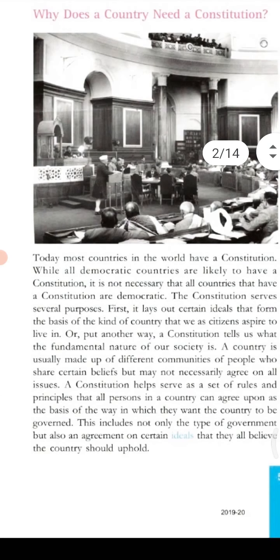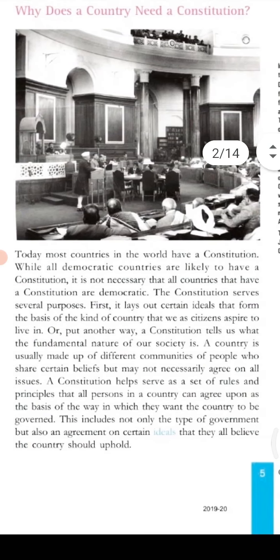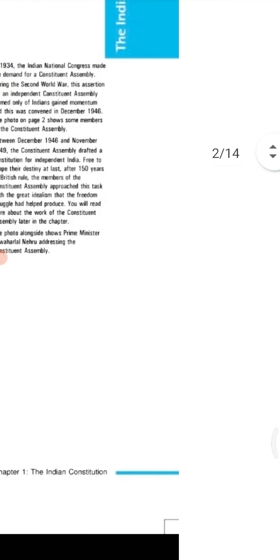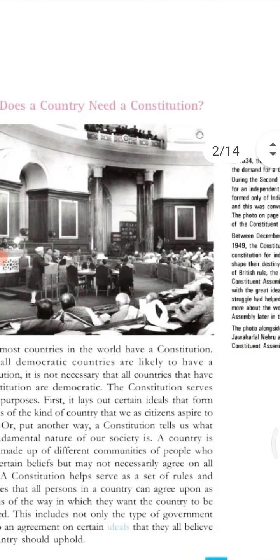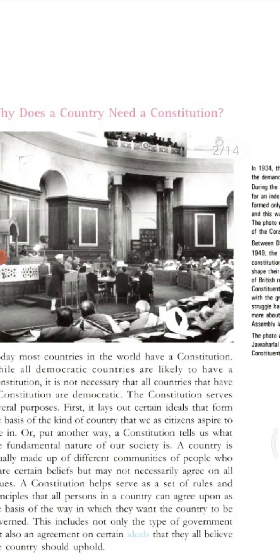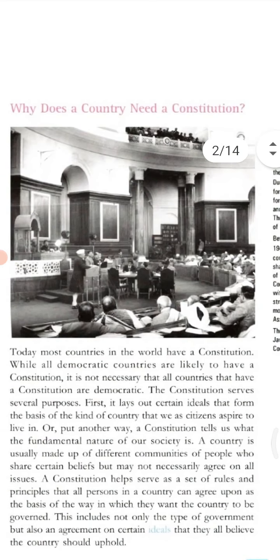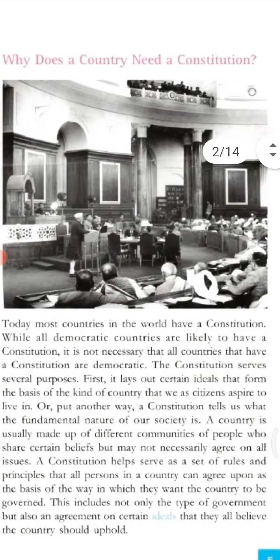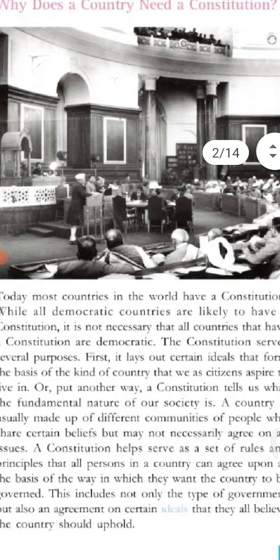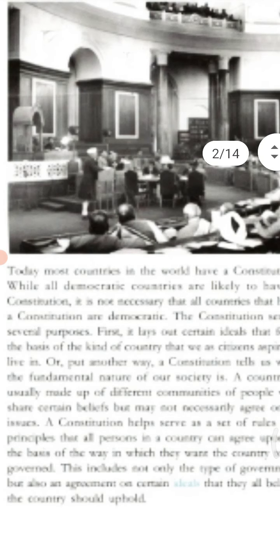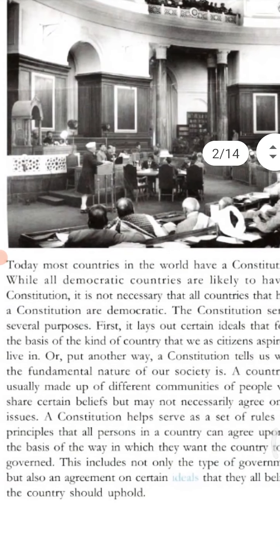Why does a country need a constitution? So see here. Today, most countries in the world have a constitution.